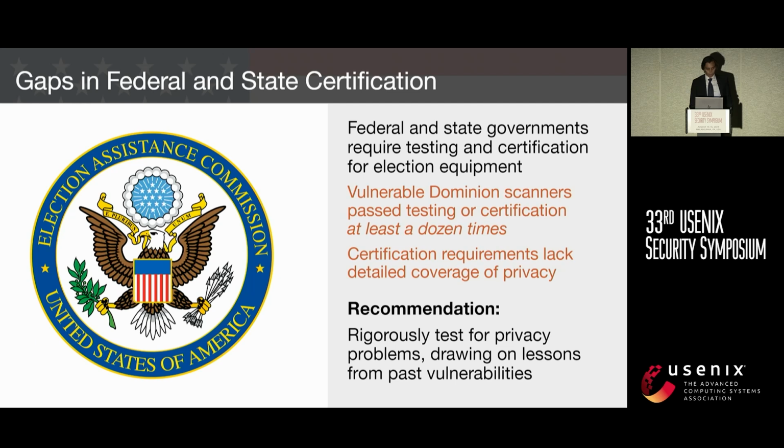But despite that, and despite the fact that federal and state governments require certification testing for election equipment, vulnerable Dominion scanners have passed testing over a dozen times. And this is partly because certification tests lack requirements for detailed coverage of potential privacy risks. We recommend rigorously testing for privacy, drawing on lessons from past vulnerabilities.